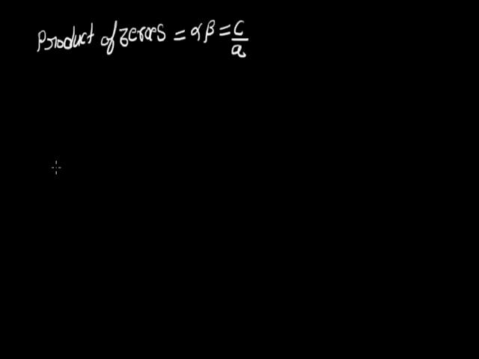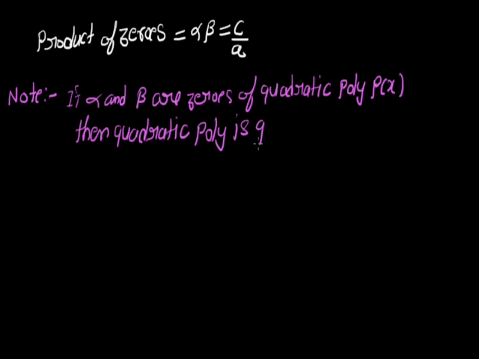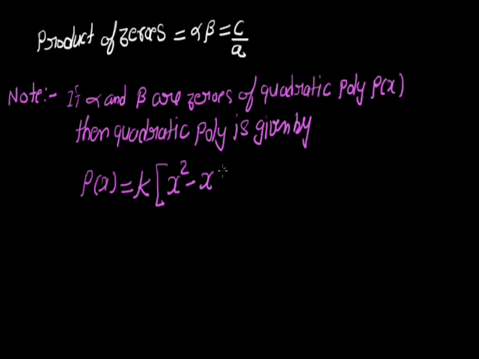Now finally here we are going to write a very important note. If alpha and beta are the zeros of a quadratic polynomial p of x, then the quadratic polynomial is given by p of x equals k times x square minus x into the sum of the zeros, alpha plus beta, plus the product of the zeros, alpha into beta.